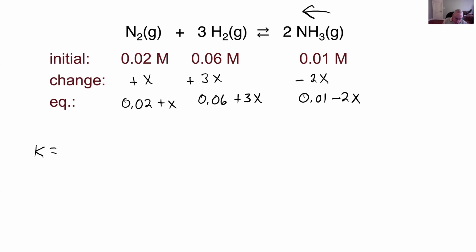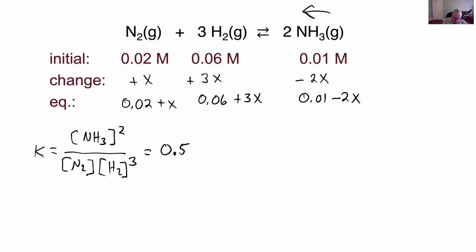My equilibrium constant, which is the ammonia squared, has the same form as it did when we called it Q, except now we're using the concentrations when the system is at equilibrium. So I'm going to take that bottom row because that's my equilibrium amounts. That's equal to 0.5 because that's the value of K. And it's also equal now to 0.01 minus 2x, and that's squared.